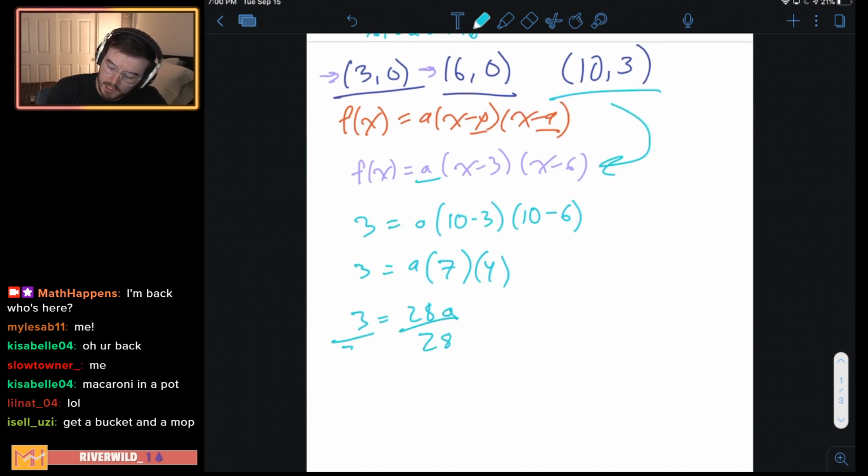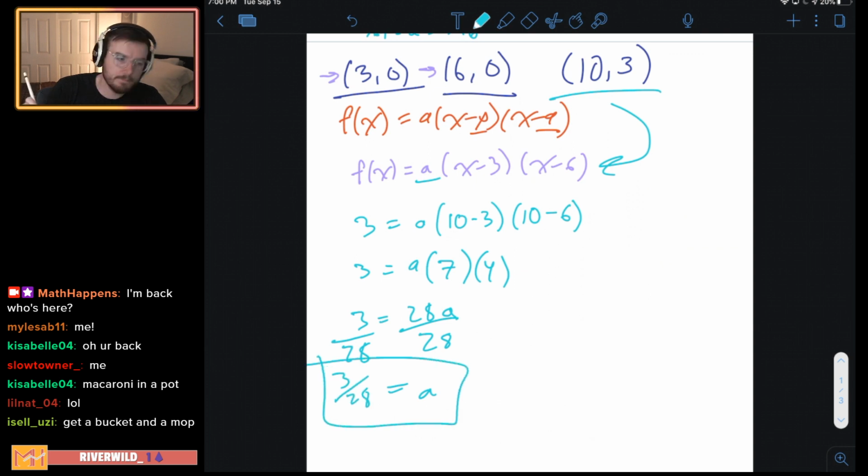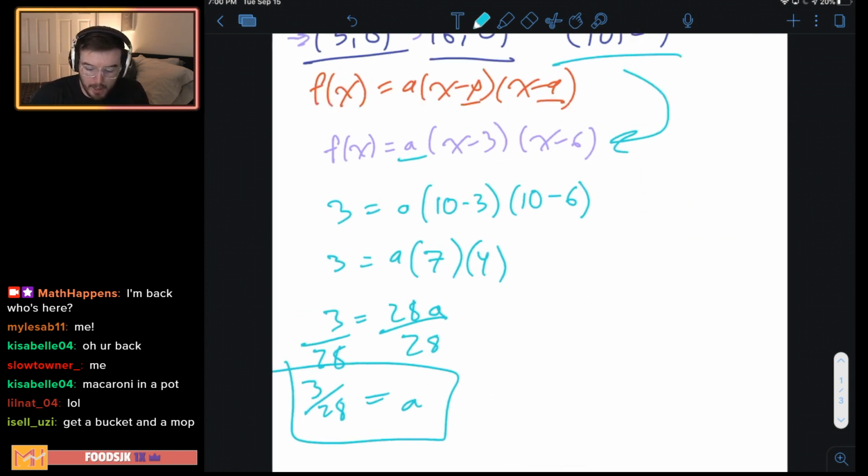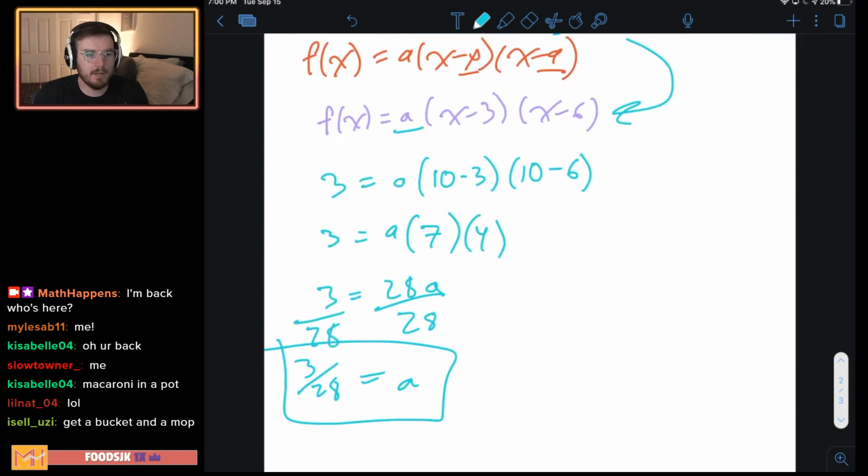Divide by 28, a equals 3/28. I'll pause for dramatic effect so you can look at that work. I'm hoping I'm not blowing anyone's mind with that math, right? Once you know to plug it in, I hope we can follow those steps.